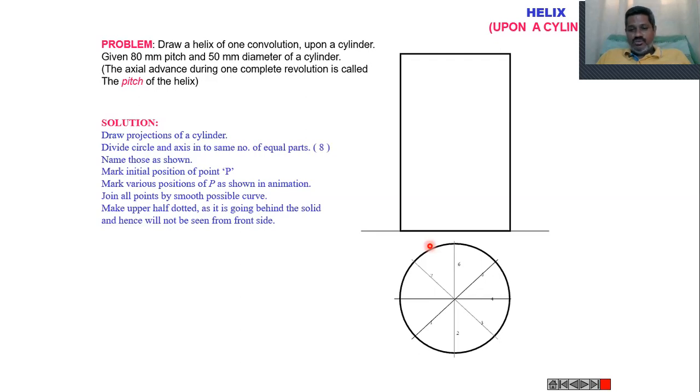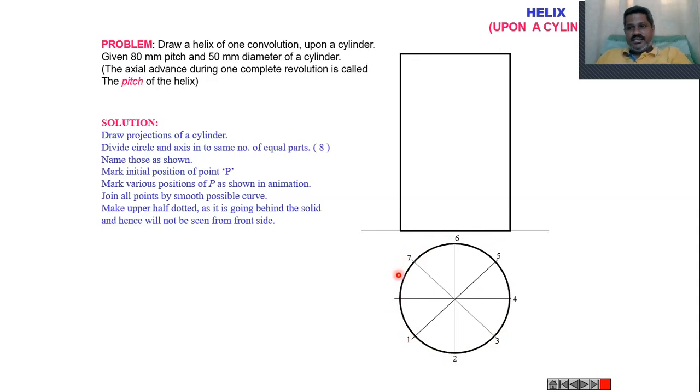Now name all those points as 1 to 8 like this. In this case, I am locating the starting point at this location, so I am marking all these points in the anti-clockwise direction from 1 to 8.